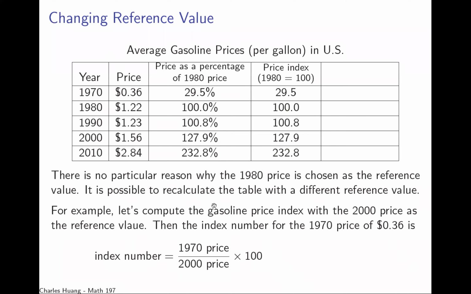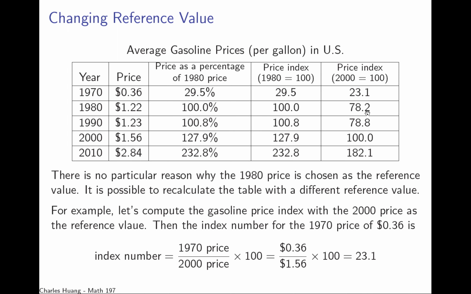So for example, I can redo everything with the year 2000 with 1.56 as my reference value. Then for the 0.36 over here, I take 0.36 divided by 1.56, and that gives me 23.1. So my index number over here is now 23.1, and I can do that for all the different numbers.